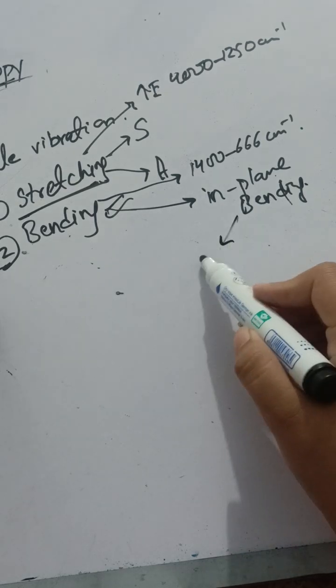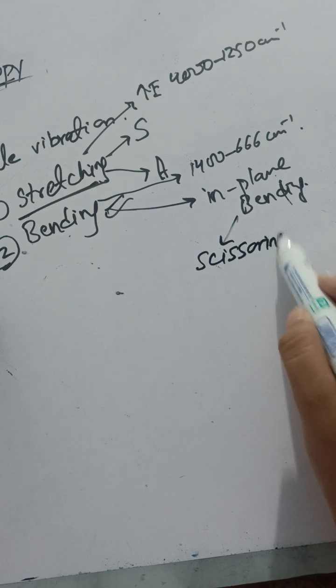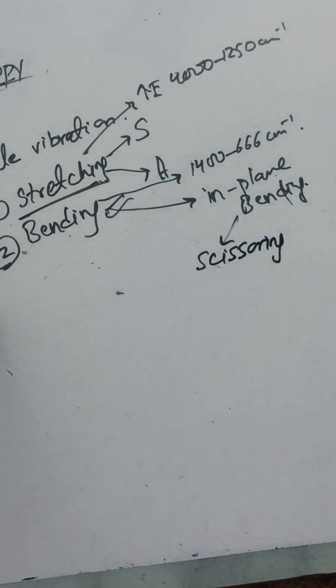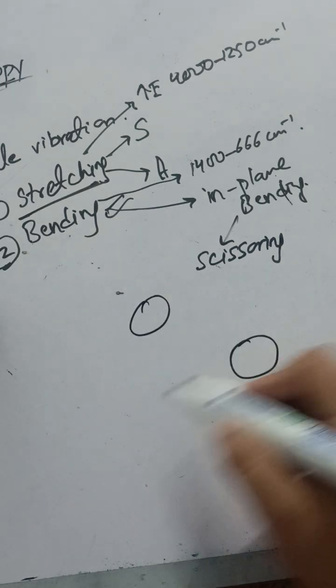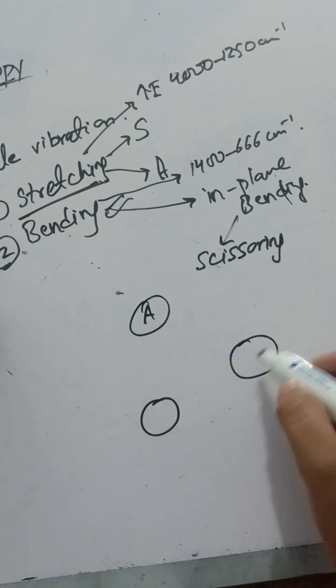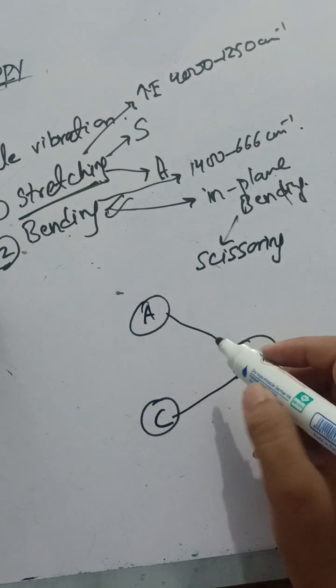The first type of it is the scissoring. In the scissoring, the atoms move closer to each other, and the bond angle decreases. For example, we again have three atoms here. This is A, this is B, and this is C, and these are the bonds between them.